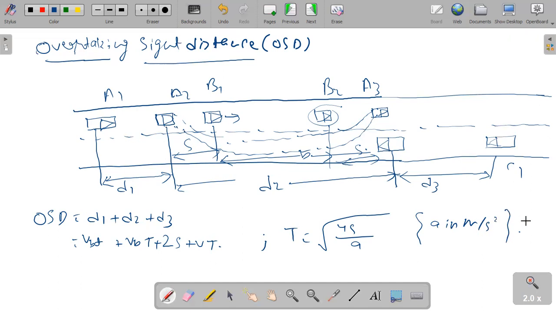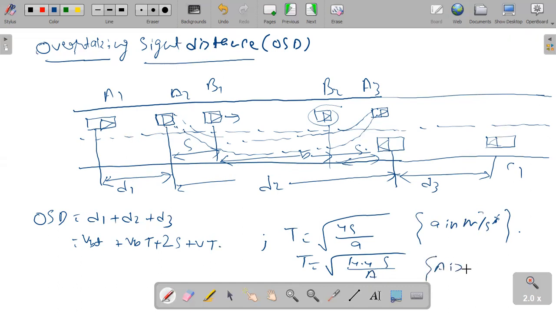And if a is in kilometer per hour per second, then T is equal to the square root of 14.4 s upon a.